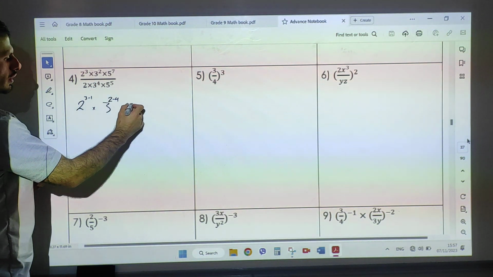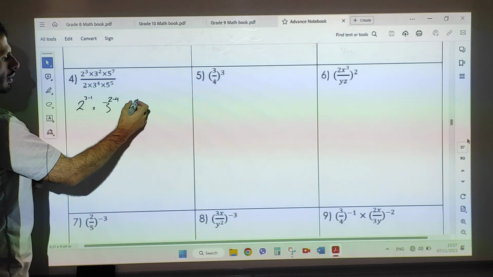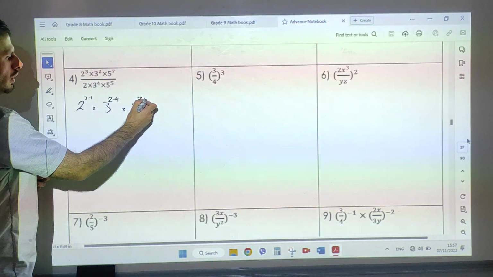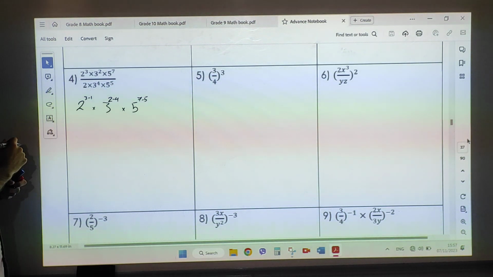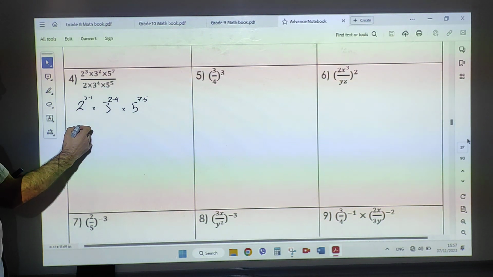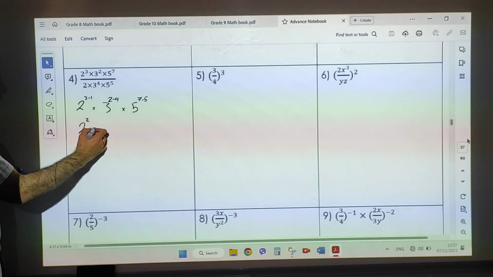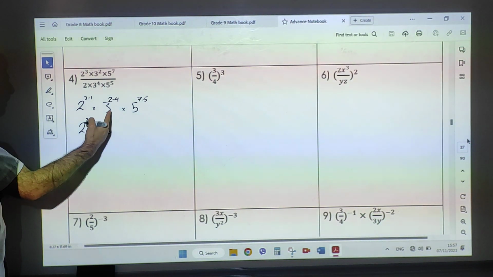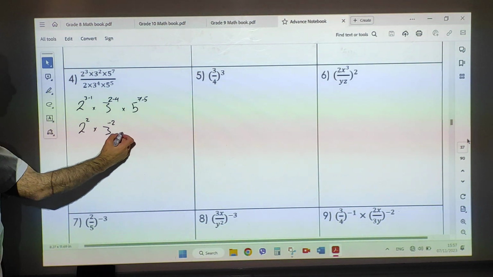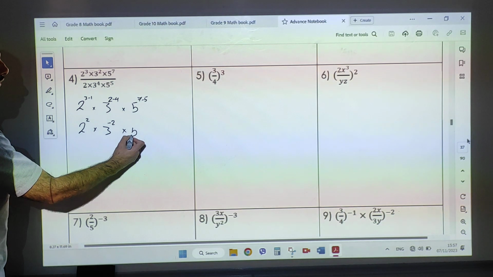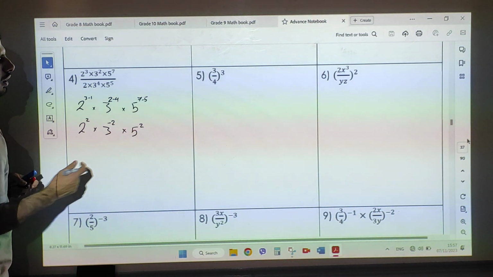In the 5's, 7 minus 5. All the power in the numerator minus the power of the denominator. We will get 2 power 2 multiplied by 3 power negative 2 multiplied by 5 power 2.